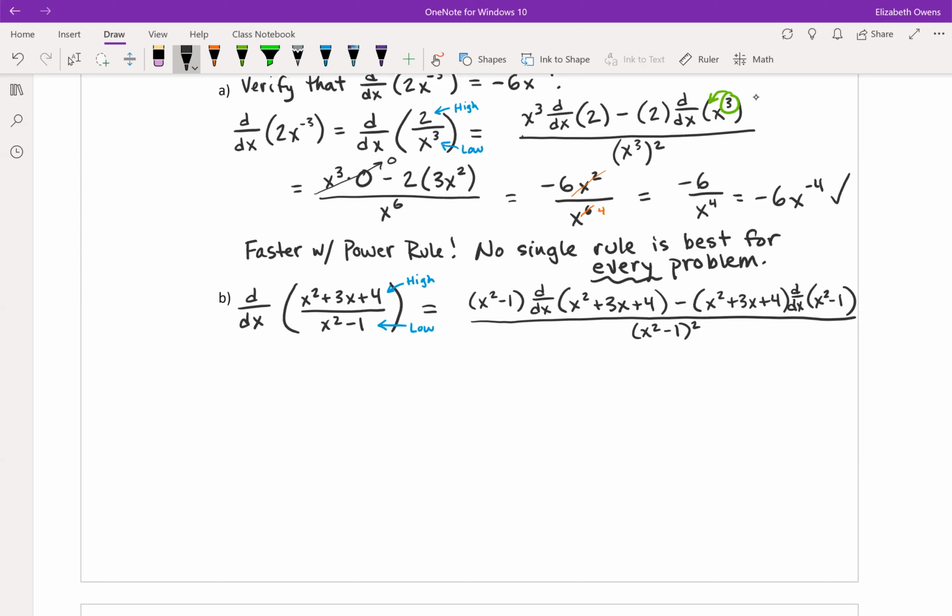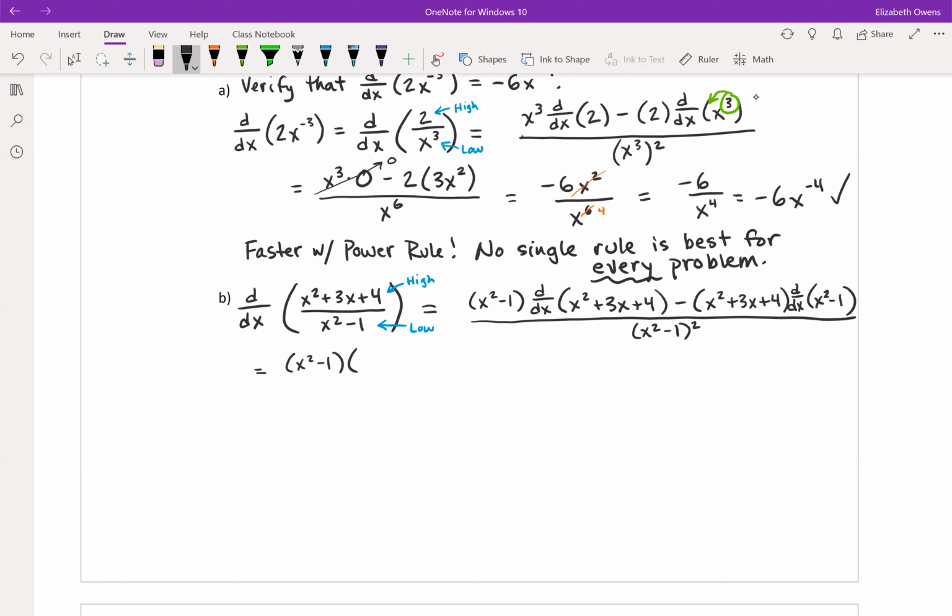Okay, so let's take a derivative here. Well, let's take these two derivatives specifically. All right, we've got x squared minus 1, and then the derivative of this x squared plus 3x plus 4.